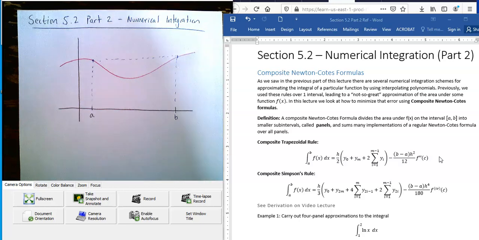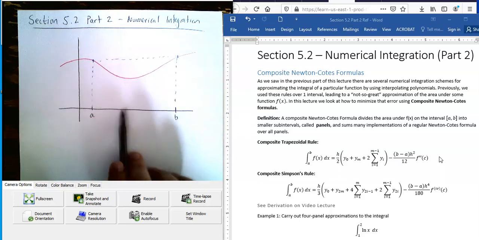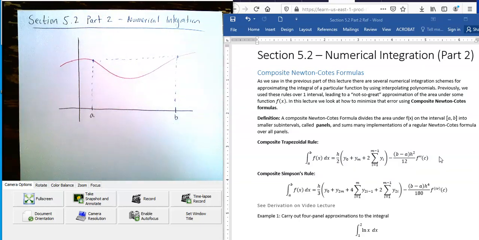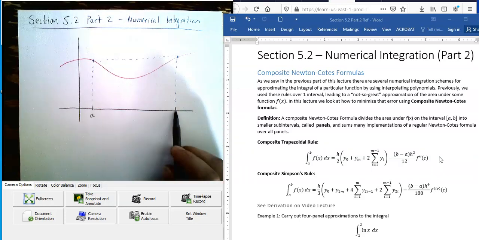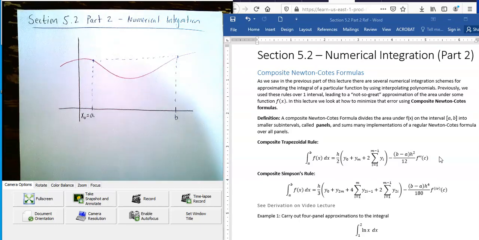Okay, using these composite formulas, actually you can get a better approximation. Basically what we're going to do is just break this interval up into smaller subintervals and use smaller trapezoids to approximate that area. Okay, so first thing I'm going to do is just partition this axis into equal subintervals. So I'm going to call this x0 here.